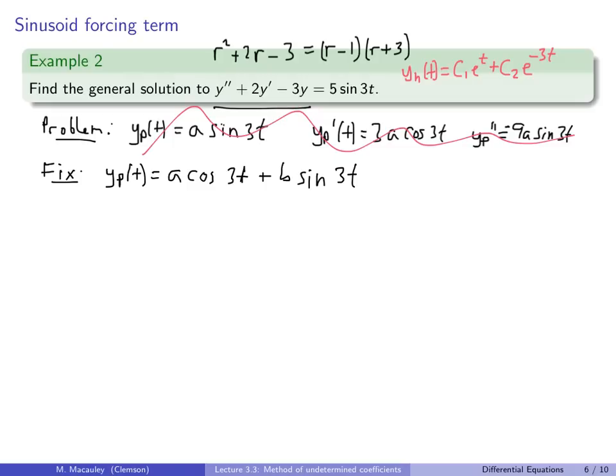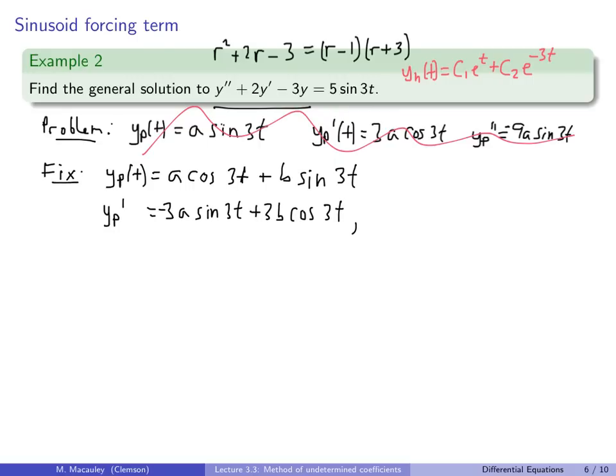So if we do this, then the derivative yp prime is negative 3a sine of 3t plus 3b cosine of 3t.